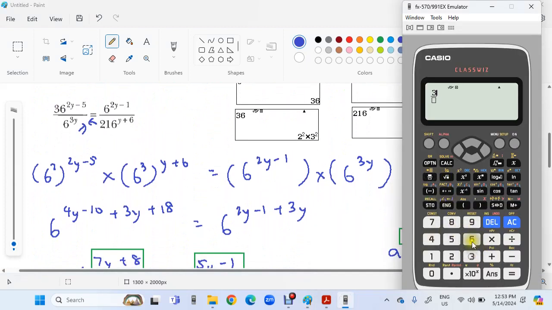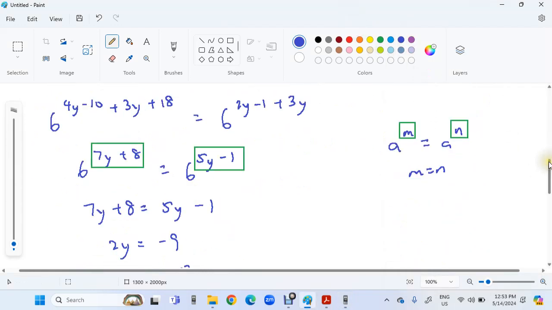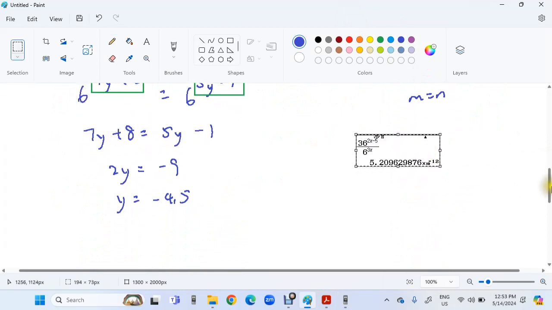So we have 36 to the power of 2x minus 5 over, this one is 6 to the power of 3x. We substitute with negative 4.5. Then we have this value. So I check answer.